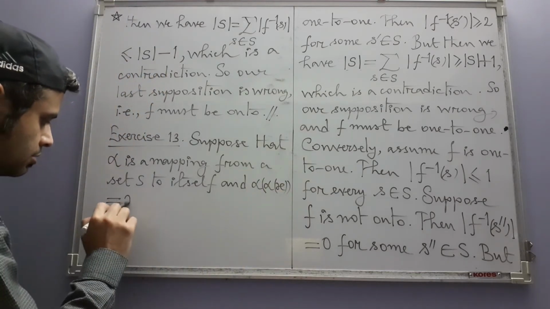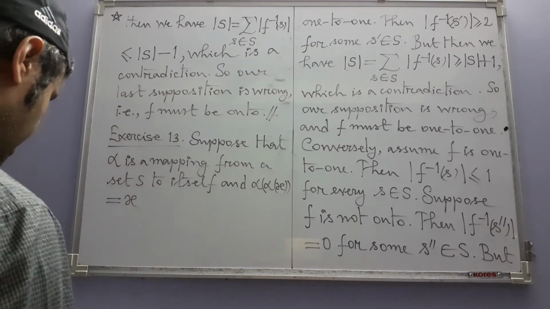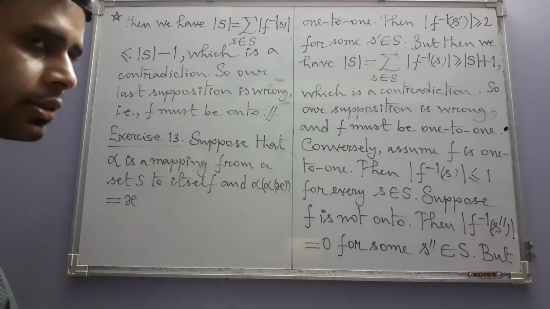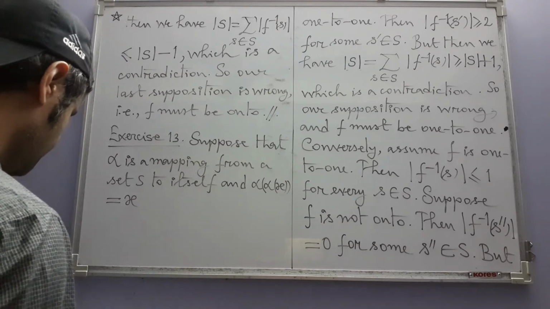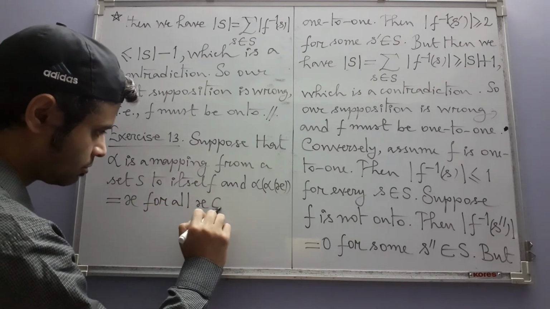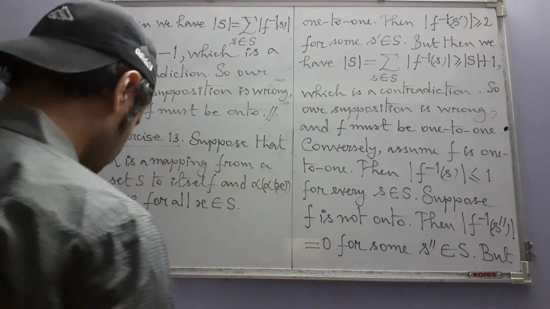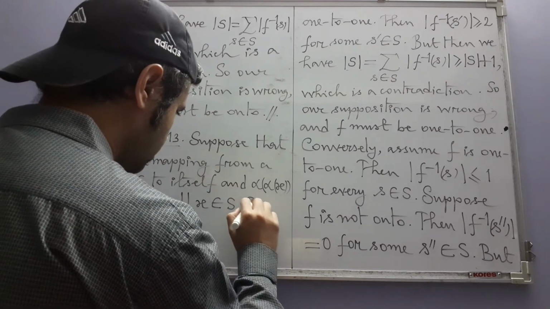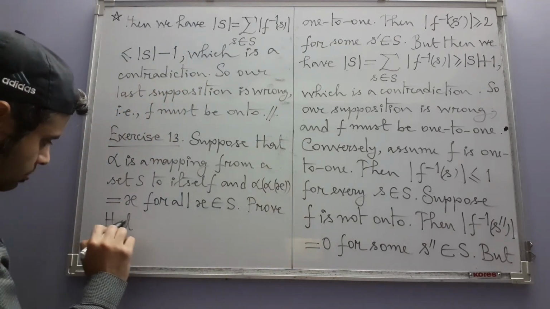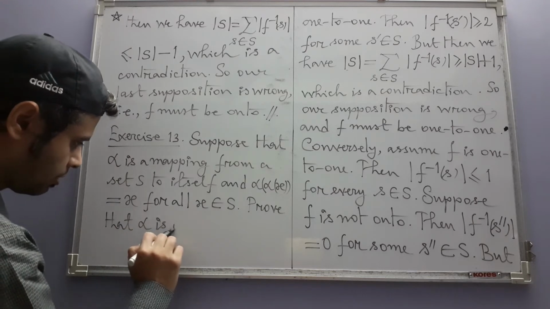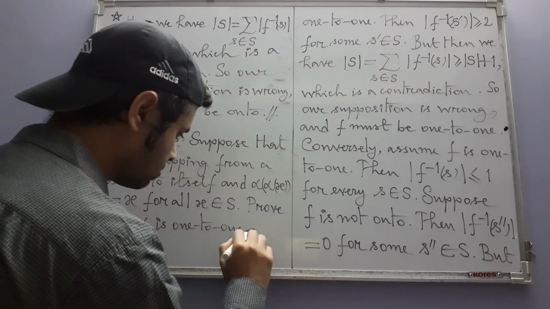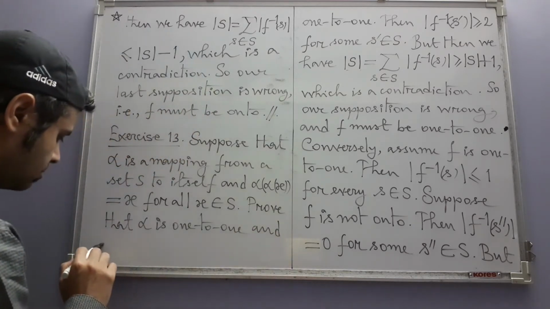Alpha of alpha of x is equal to x. So you apply alpha 2 times, that has the same effect as doing nothing. For all x belonging to S, prove that alpha is a permutation, or is one-to-one and onto.